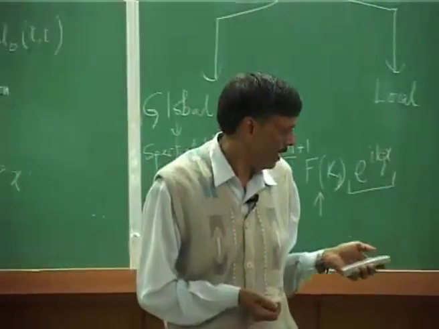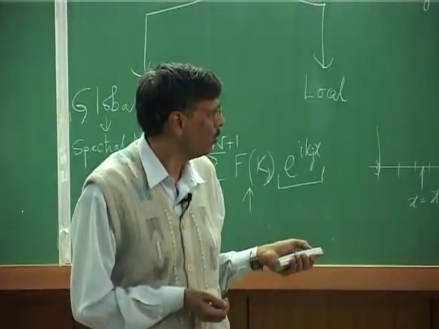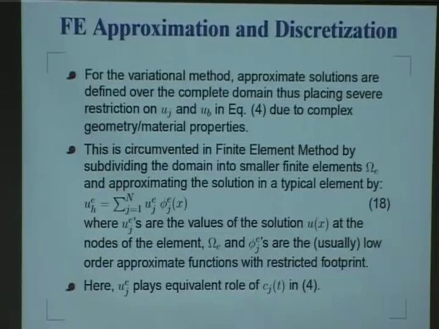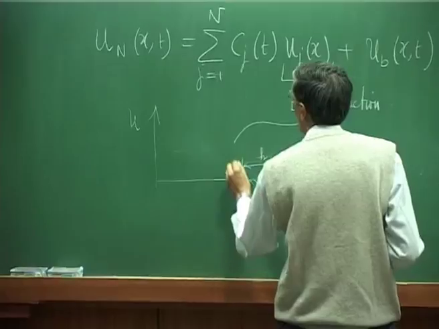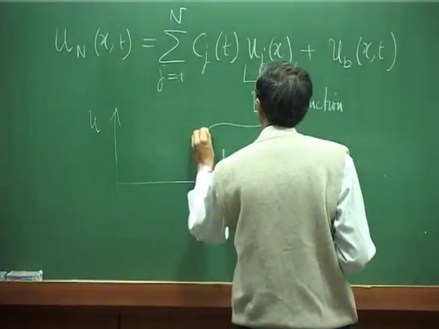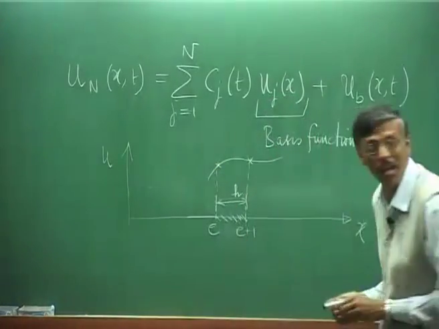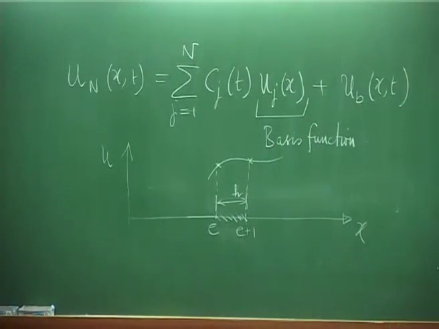So we can write the element level solutions in terms of the node values. Let us say if I am plotting u, I have the solution like this. At this node I have these values, okay, and those values are given here, uj superscript E.